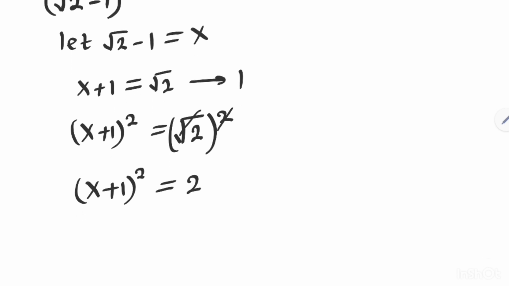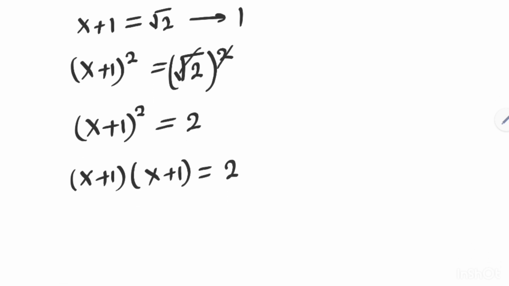Then this is the same thing as x plus 1 multiplied by x plus 1 is equal to 2. Then this is the same thing as x times x, x squared, plus x times 1, that is x, plus 1 times x, plus 1 times 1, is equal to 2.